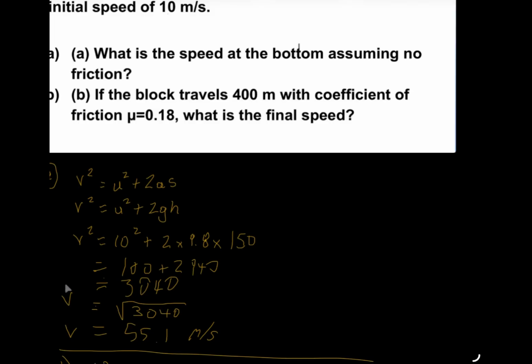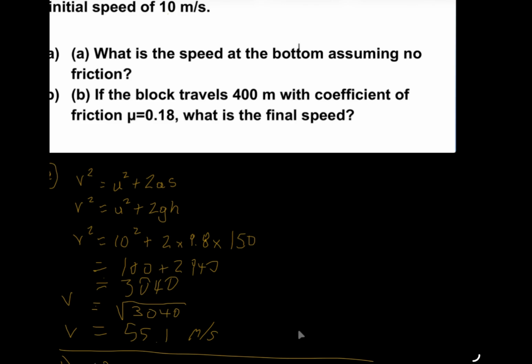That was v squared. Now v is the square root of 3,040, so that would be equal to 55.1 meters per second. So the speed when it reaches the bottom will be 55.1 meters per second.